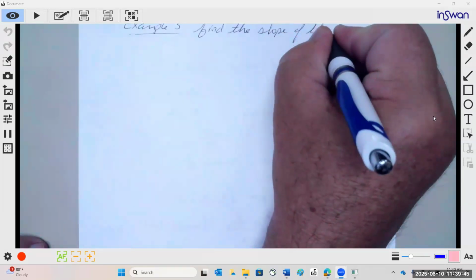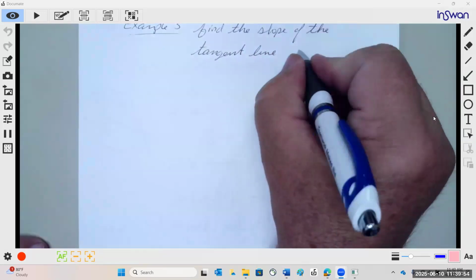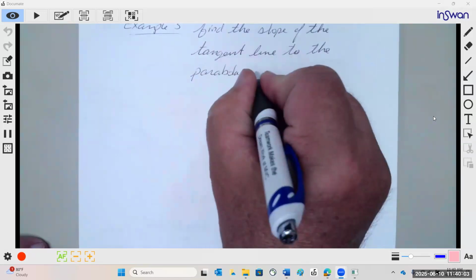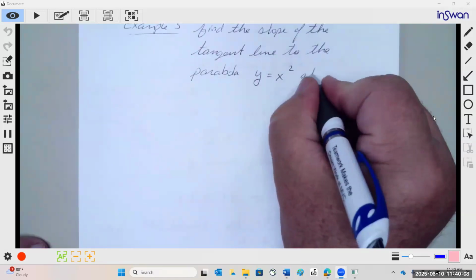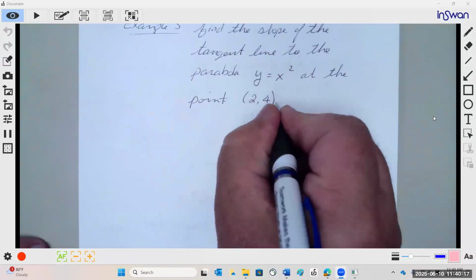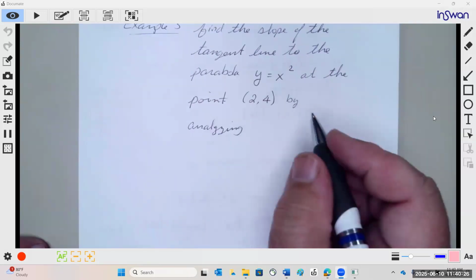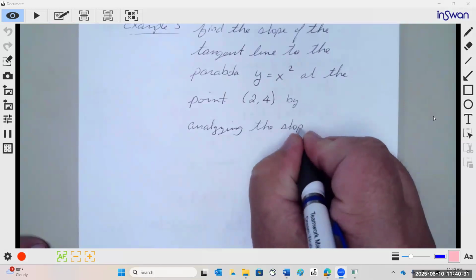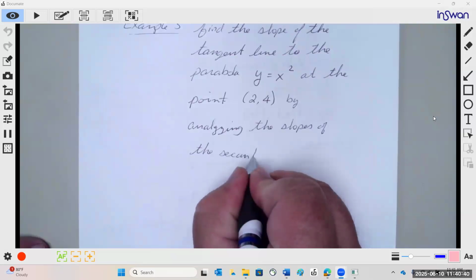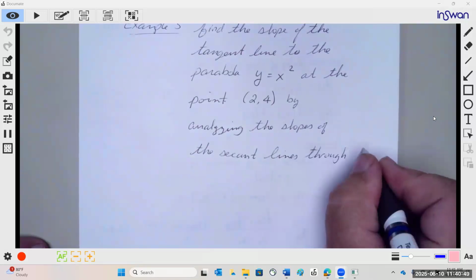Find the slope of the tangent line to the parabola y equals x squared at the point 2, 4, by analyzing the slopes of the secant lines through 2, 4.